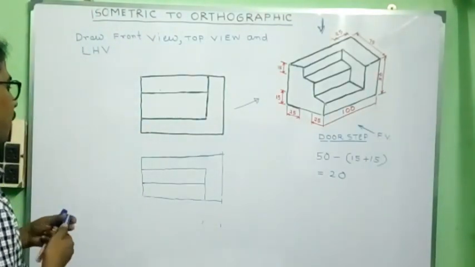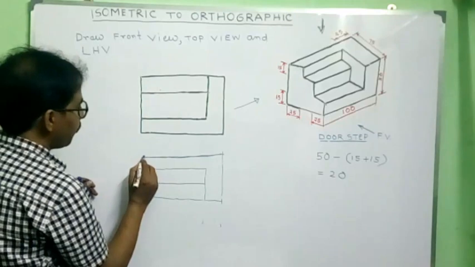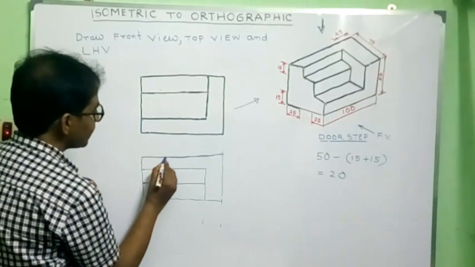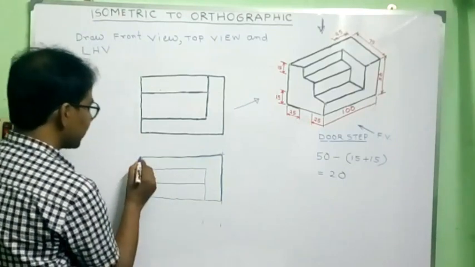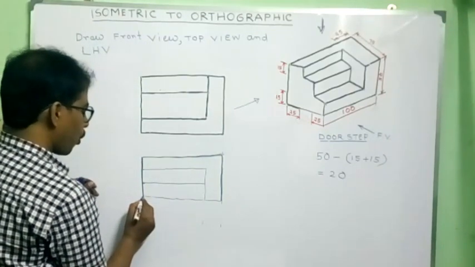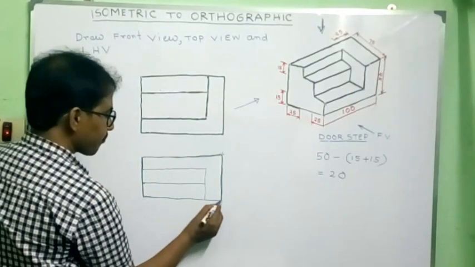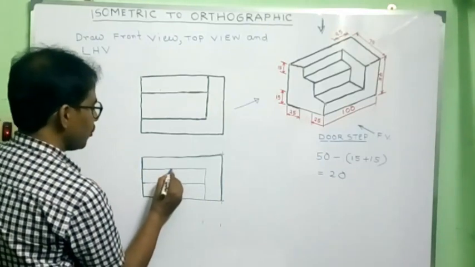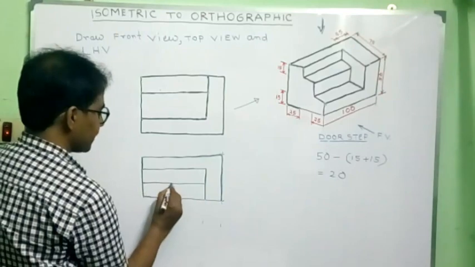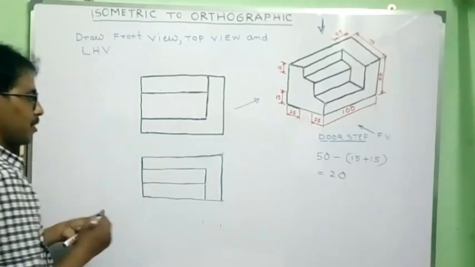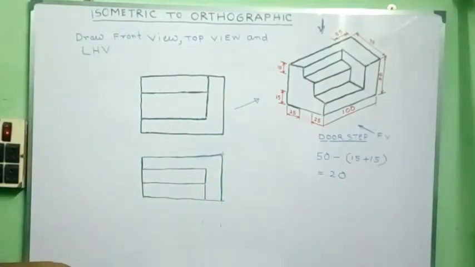So the final top view will be this dark, continuous thick line. This is the top view.